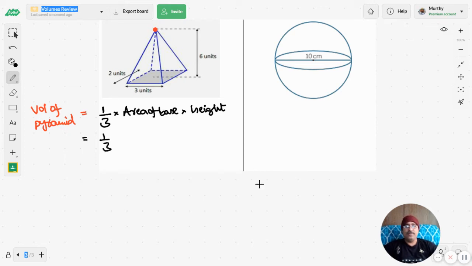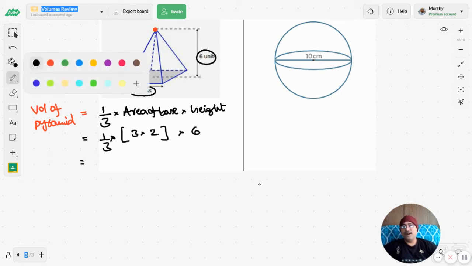Therefore 1/3, what is the area of base? I see that the length and width are given, so it must be a rectangle. So rectangle means length times width, so 3 times 2. And what is the height? You can see that 6 units. So make use of calculator.